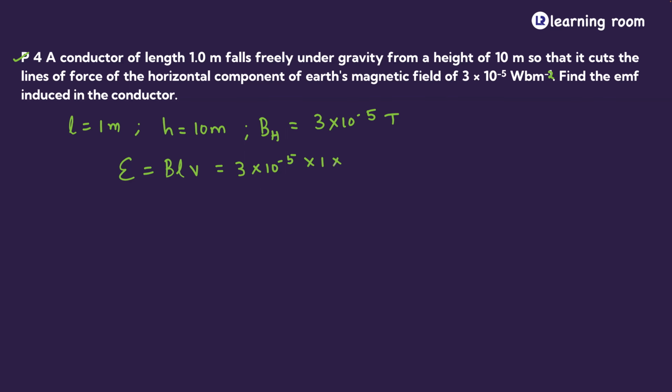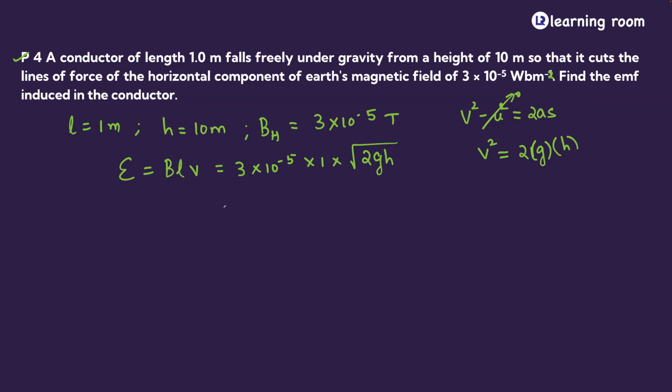Since the object is traveling downwards under the influence of gravity, its speed is going to be root 2gh, because we'll apply the formula v square minus u square is equal to 2as. The object is initially dropped, u is 0. So v square is equal to 2 into acceleration due to gravity g, and the displacement is h. So v is equal to root 2gh.